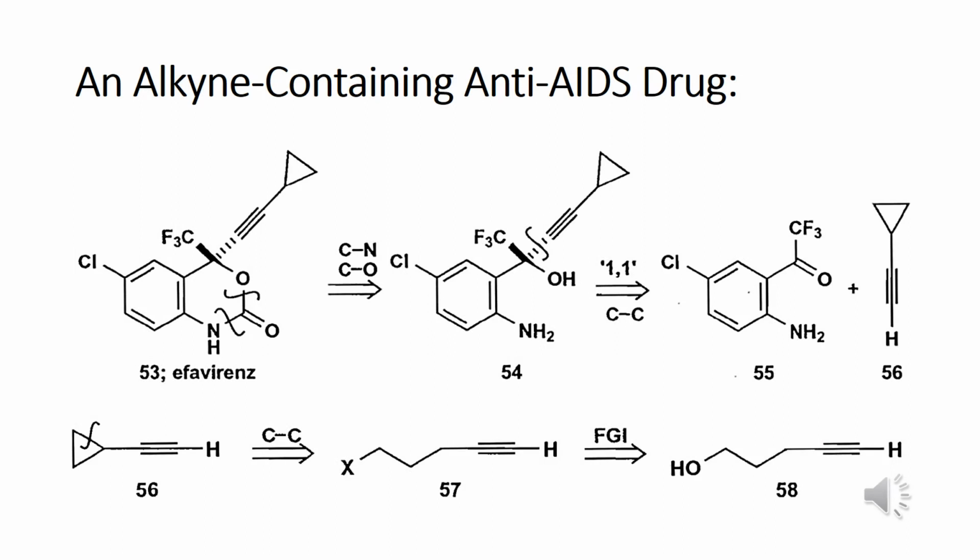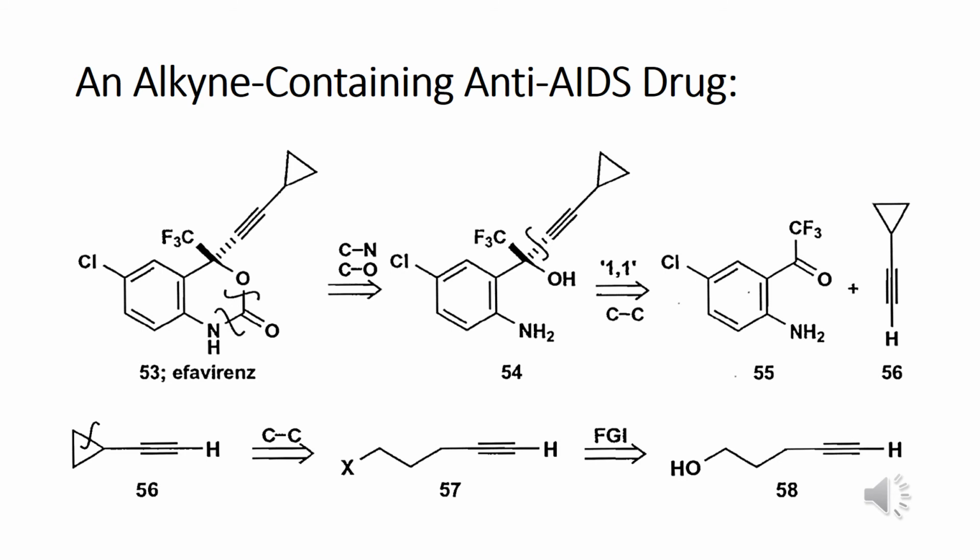Now, application of alkyne or acetylene in organic synthesis. The best application is an alkyne-containing anti-AIDS drug. So we are going to discuss the disconnection and synthesis of this anti-AIDS drug. Merck's reverse transcriptase inhibitor Efavirenz, here you can see structure 53, is one of a new generation of anti-AIDS drugs.